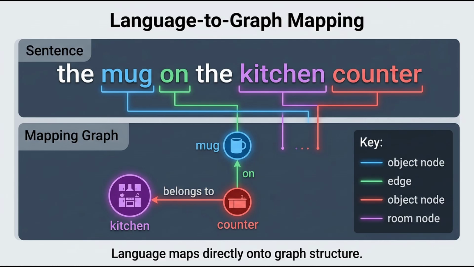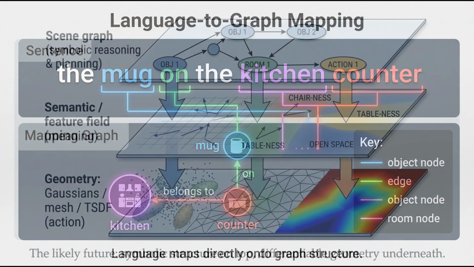Third, memory and scale. A scene graph of an entire building might be a few thousand nodes, laughably small, while the dense geometry would be gigabytes. You keep the heavy geometry only where you currently need it and carry the lightweight graph everywhere.